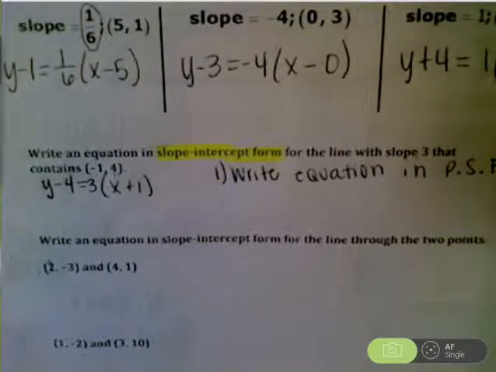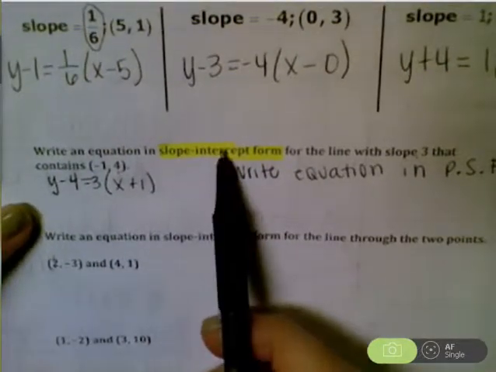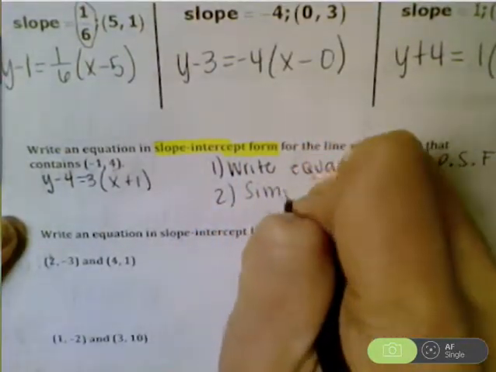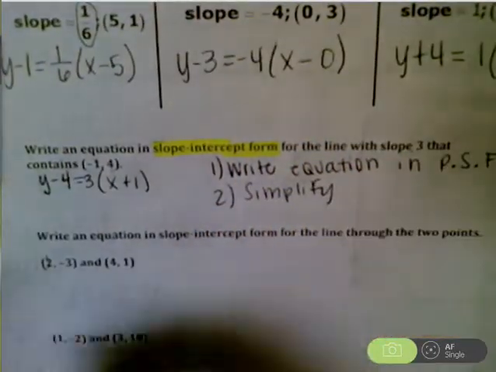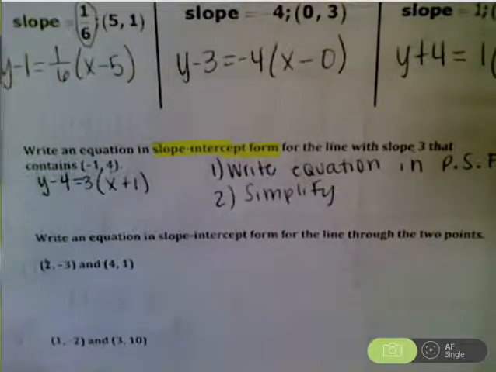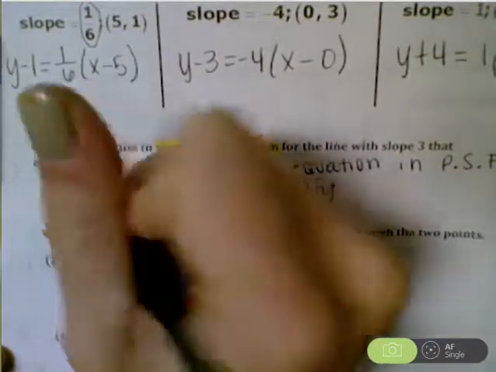Now, all I have to do to get this into slope-intercept form is simplify it. For example, what can I do to that equation to simplify it? Exactly.